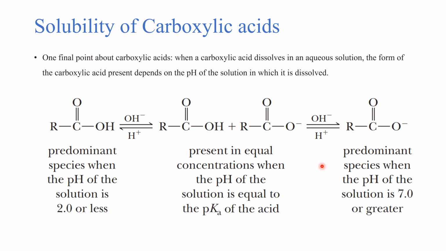So if the pH exceeds 7 or is equal to 7, then the predominant species existing in the solution is its ionized form, because obviously there is OH ion which can capture that hydrogen positive. So the predominant is this one.